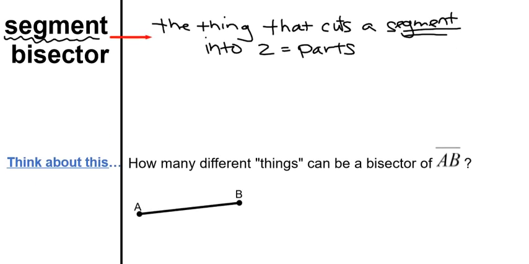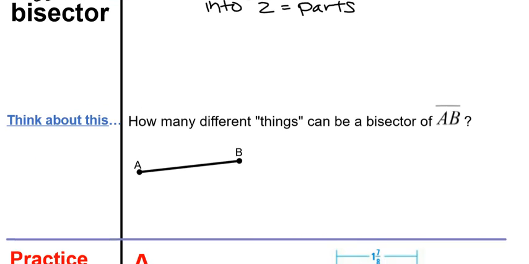The last thing that I want to talk about is how many different things can be a bisector. For example, I have my segment AB here. What can I cut that in half with? Well, I could put a point in the middle to make two equal parts.